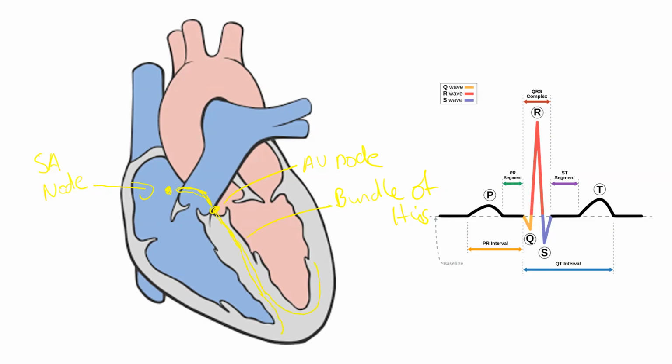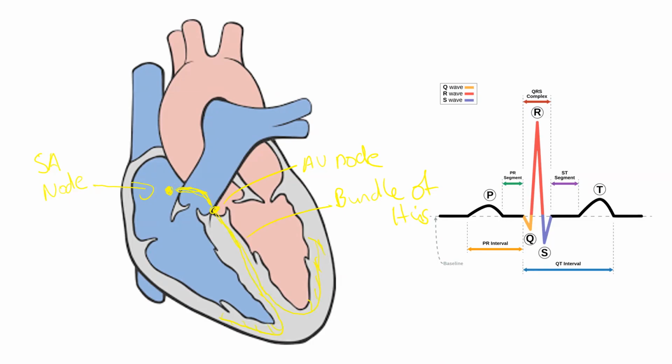And these go all the way down into your left and right ventricle, into what's known as your Purkinje fibers. And this whole process is allowing a stimulation of the myocardium.